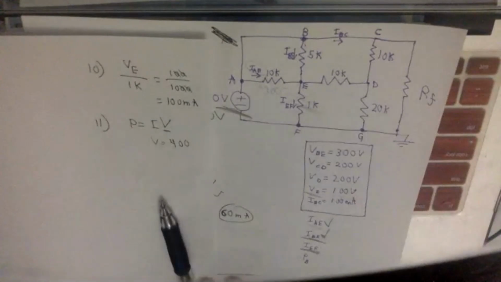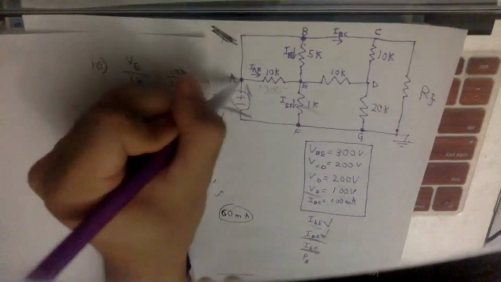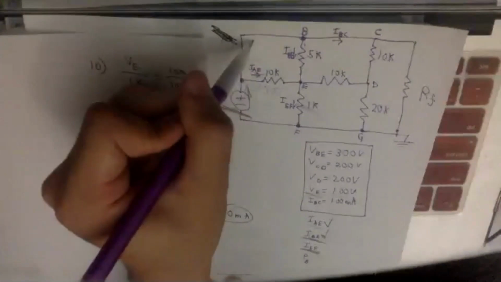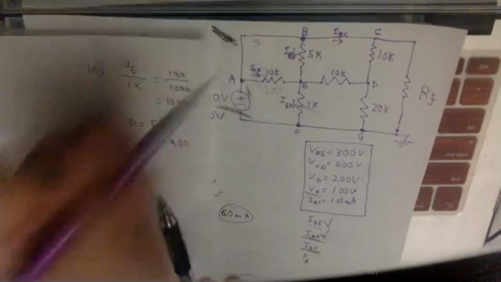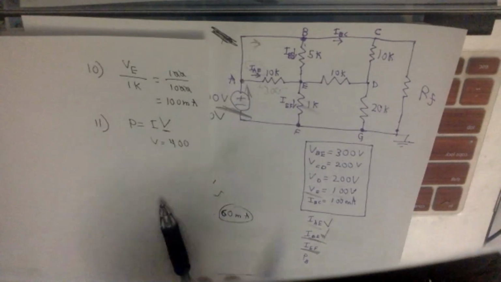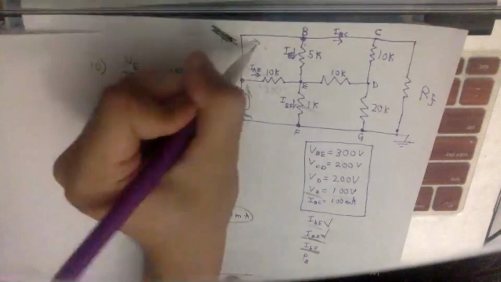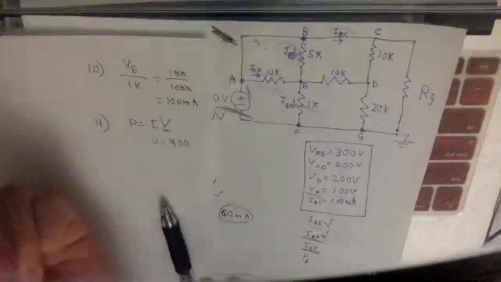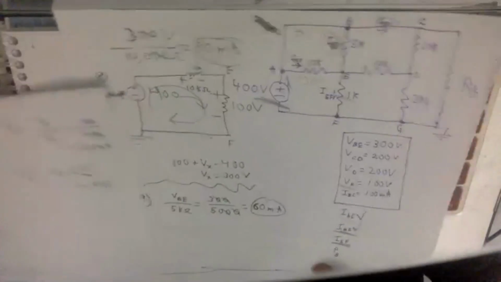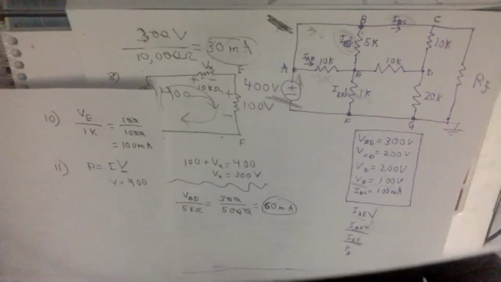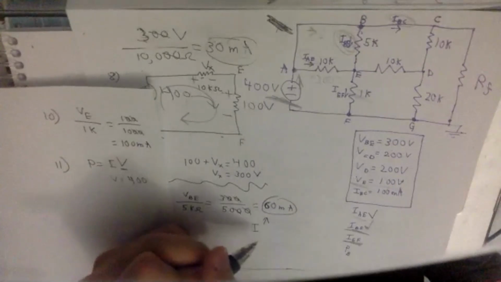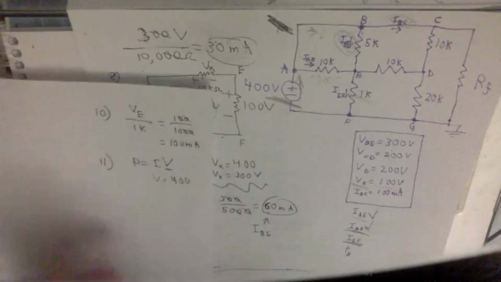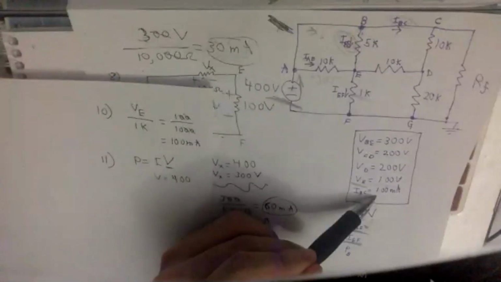So we know that the current leaving this source is going to equal this current we already found plus this current right here. So what is this current? This current is going to equal this current, which is given, plus this current that we found, right? We already found earlier that IBE is 60, right? And this IBC is going to equal 100 milliamps.